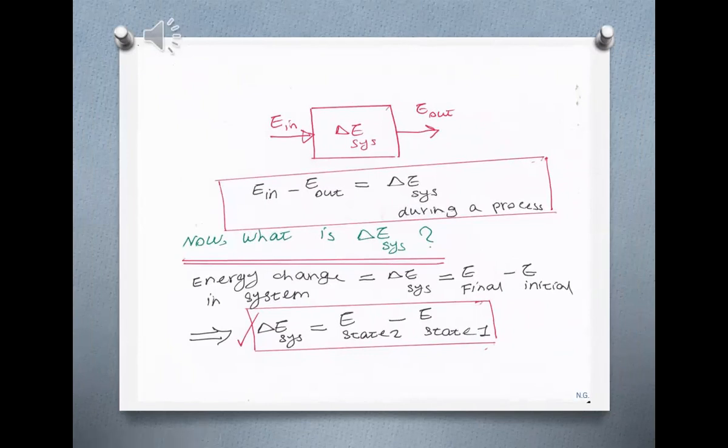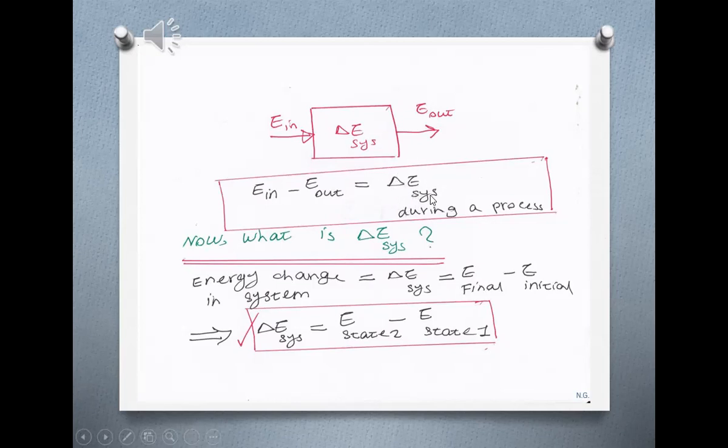So, during a process, the total energy transfer into the system minus the total energy transfer out of the system, that is change of energy of the system during a process. Now, we want to work on different parts of this formula, then put everything back together. But right now, be focused on this term.